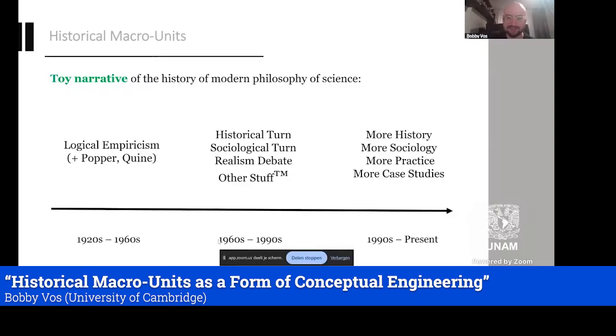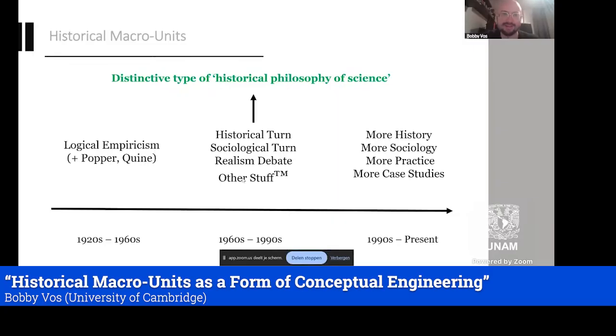So we see then in this post-positivist period of the 1960s to roughly the 1990s, and again, we may have debates on the exact dates here, which are not relevant for present purposes, various developments, one of which being a particular type of historical philosophy of science that, to a lot of people engaging in historically informed philosophy of science today, will also feel quite clear.